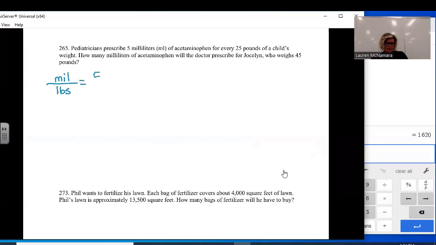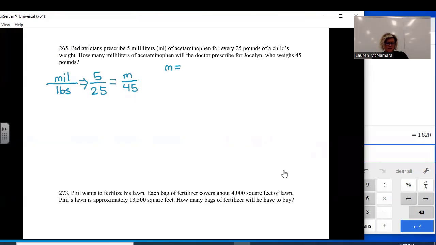So 5 milliliters for every 25 pounds is equal to how many milliliters is prescribed for Jocelyn, who weighs 45 pounds.